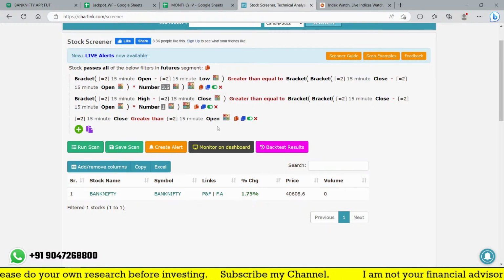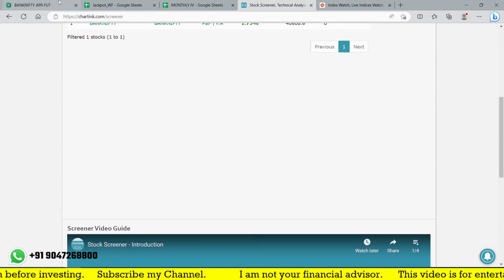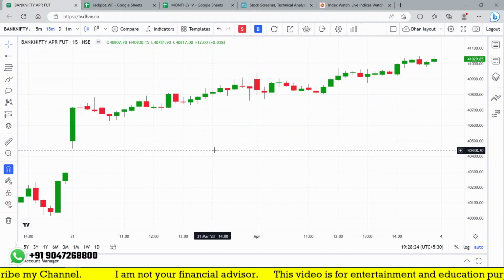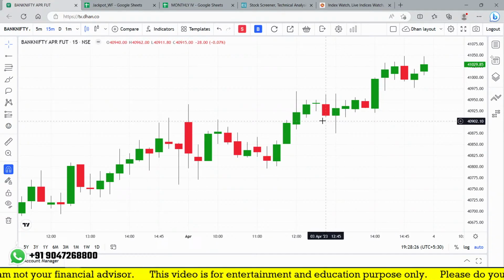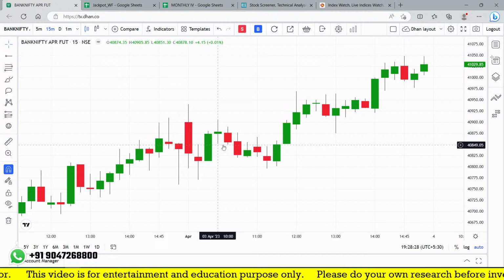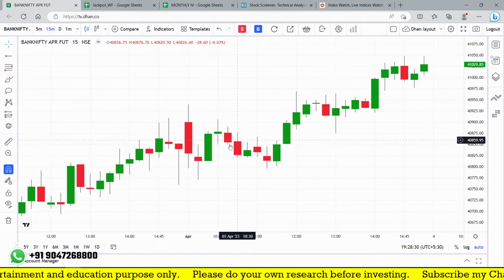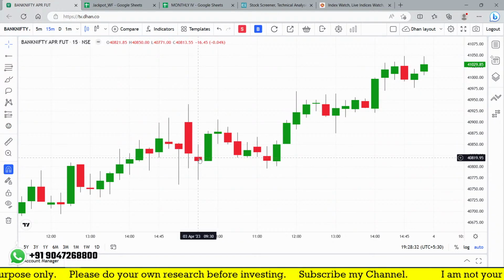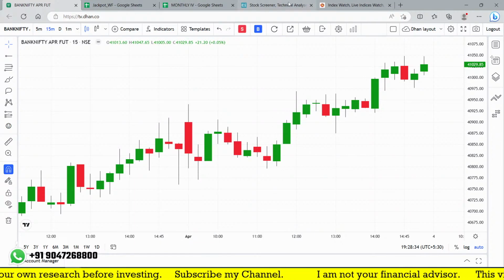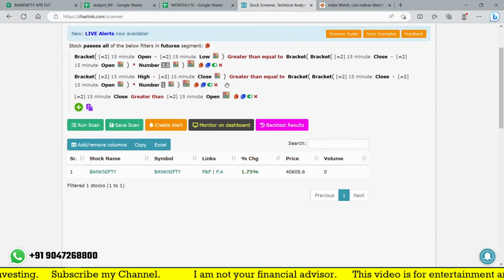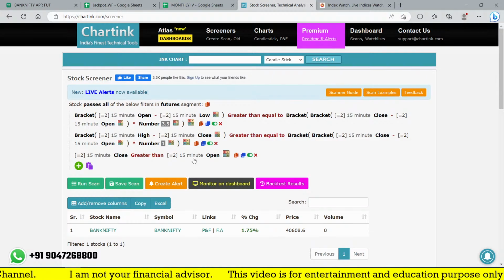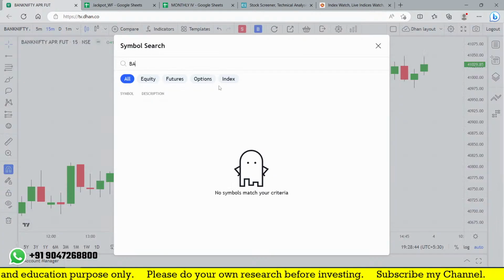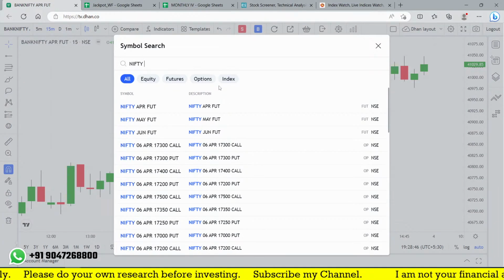Okay, if I filter out in bank nifty, it is here 3rd April, and that should be a hammer like that. Here the second candle only 3rd April, today only one bank nifty, but the latest close must be greater than the 15 minutes open. So if I use this condition, so nifty bank, it should be a future.